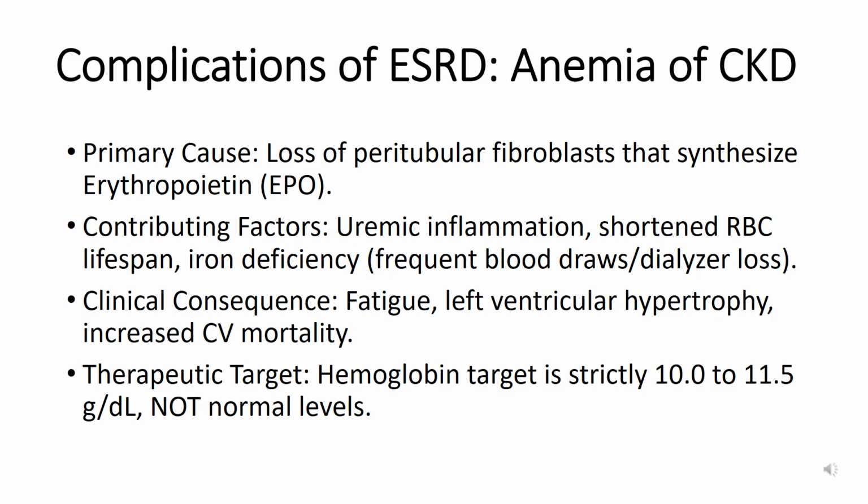It requires understanding the underlying mechanisms. It also requires close monitoring and individualized therapy. When properly managed, patients experience improved energy, better cardiac function, and reduced cardiovascular risk. This makes anemia treatment a cornerstone of chronic kidney disease care.